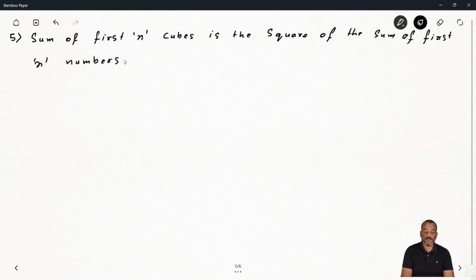Okay, let's see with examples. Suppose we are given 1 cube plus 2 cube plus 3 cube. 1 cube is 1, 2 cube is 8, 3 cube is 27. So 27 plus 8 plus 1 gives 36.